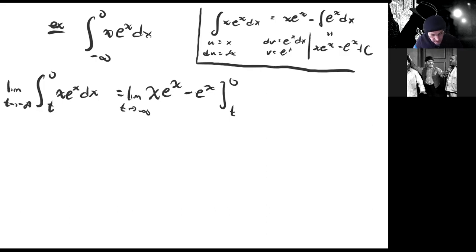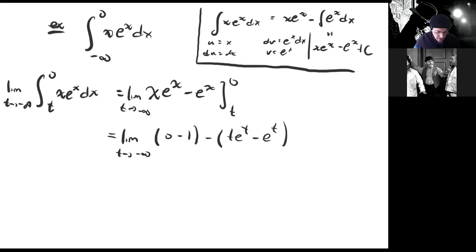So if I stick in 0, first of all, 0 times e to the 0 is 0, minus e to the 0 is 1. That's the value at 0. And the value at t is t e to the t minus e to the t. Okay, so let me do a little bit of simplification.